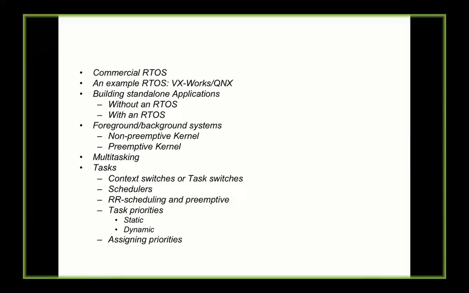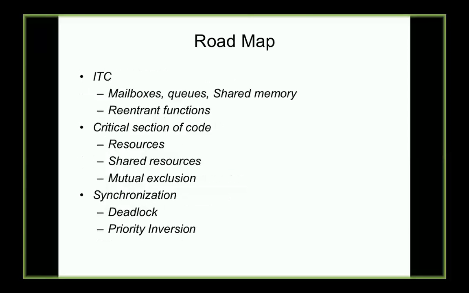You should also know about how your foreground and background system works. So spend some good time on your NPK kernel, and then we get into some very important aspects of application experience by using multitasking. You understand the concepts of tasks, know about them, and then get into communication, understand critical sections, synchronizations.